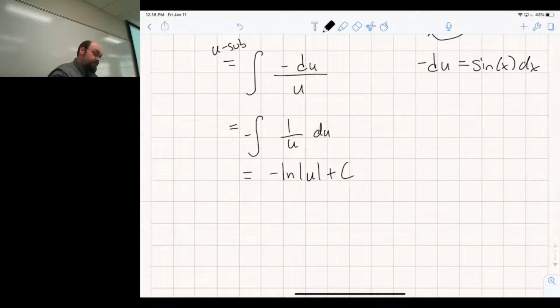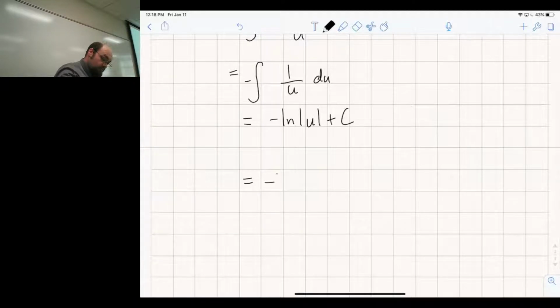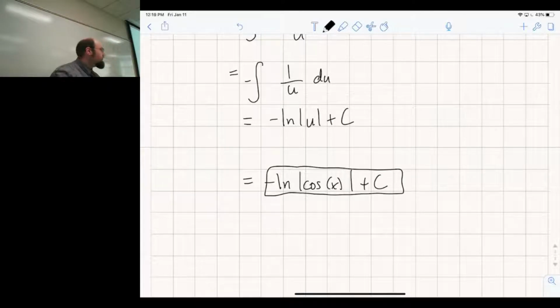But the u that we picked was cosine of x. Not a special formula that we learned probably in Calc 1 or memorized.